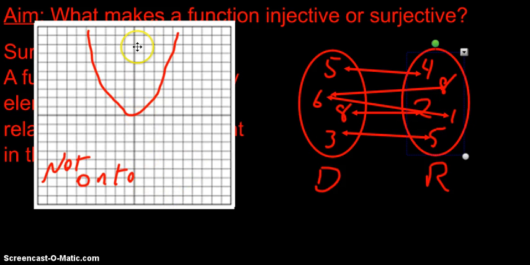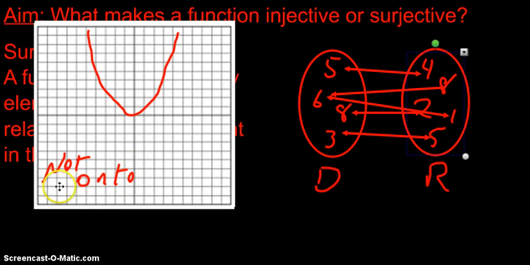Now, along the y-axis here, there are positive and negative numbers, but these negative numbers are not covered. So this function is onto if it were related only to positive numbers, but not if it relates to all real numbers, because the negative numbers are not covered. So not all y values are covered.